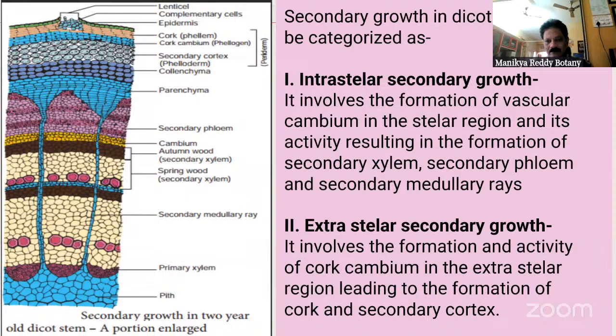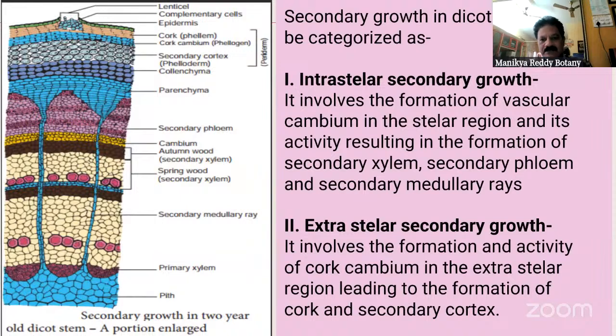I'll repeat once again. Intra, within the stele. In the initial stage of secondary growth, the first growth is seen inside the stele because of the vascular cambium. Vascular cambium is present inside the stele.